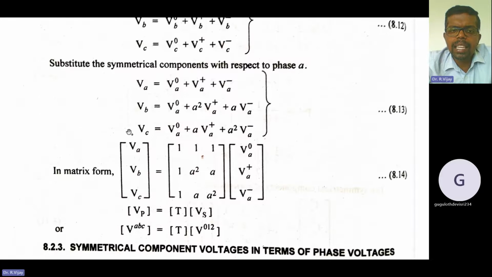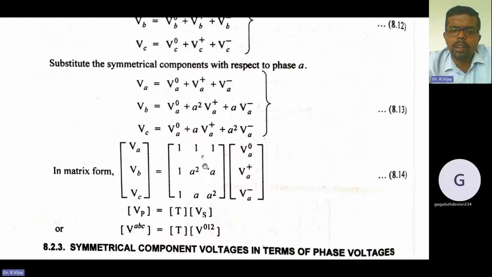Here we are rewriting in matrix format. VA, VB, VC is equal to, taking the common terms, the zero, positive and negative sequence components outside, the matrix VA naught, VA plus, VA minus. So you get the matrix like this: 1, 1, 1; 1, A squared, A; 1, A, A squared.